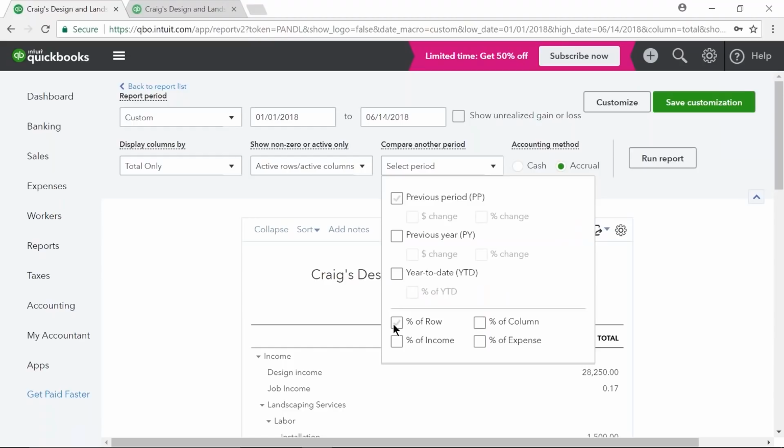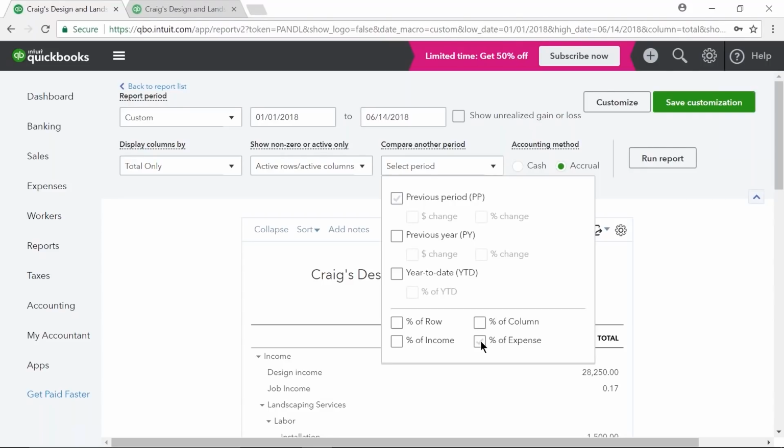Also, whenever you're looking at sales reports, you can use percent of row or percent of column. That way you can see the percentage of your sales coming from each of your different customers or your different products and services. Or you can see what percentage of your total expenses comes from various expenses on your profit and loss statement, where your income is coming from as a percentage as well. So we've got all of those options on this report too.